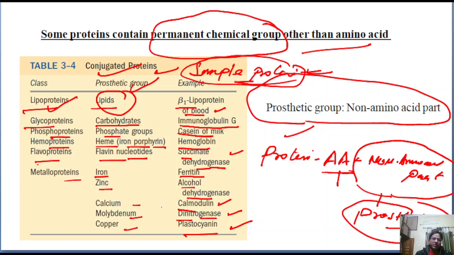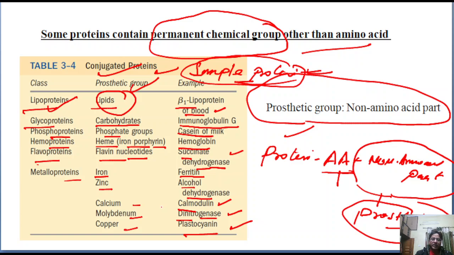Then we discussed multi-subunit proteins, conjugated protein, simple protein, and how we can calculate the amino acid number in a protein.